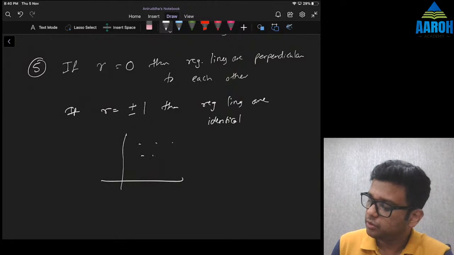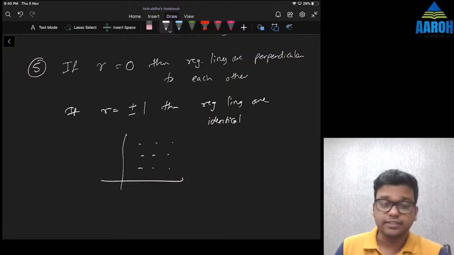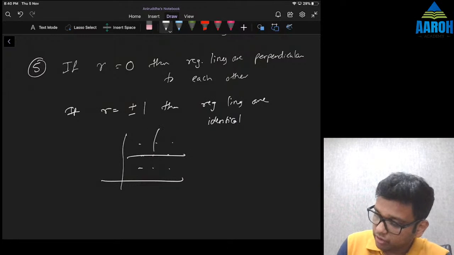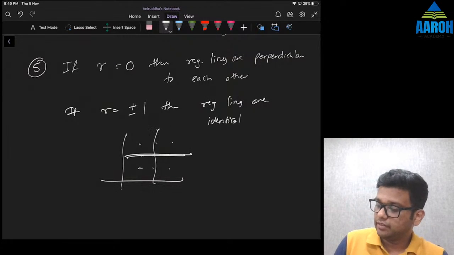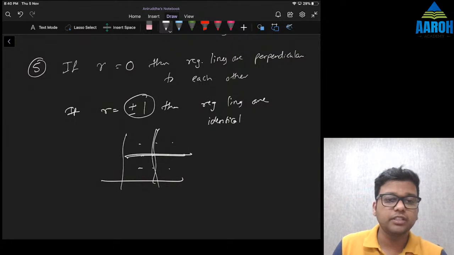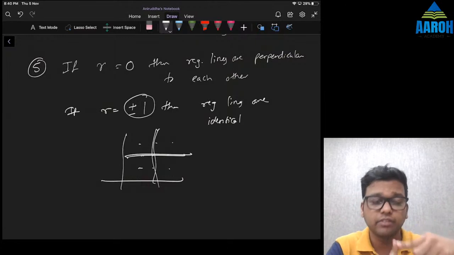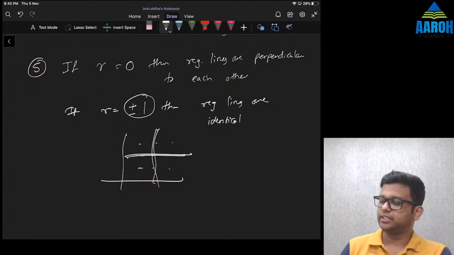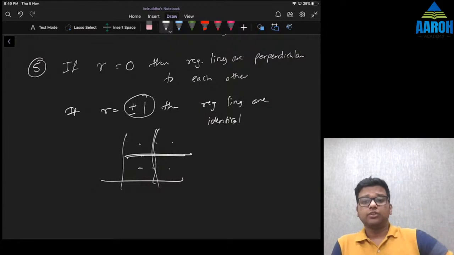If R is 0, the data is scattered, so the line of byx, where we minimize vertical distances, is like this, and then bxy is going to be like this. So they are always perpendicular in that case. But if R is plus minus 1, then they are exactly the same, because vertical and horizontal distances will be the same, since they are perfectly correlated. That covers all the properties.